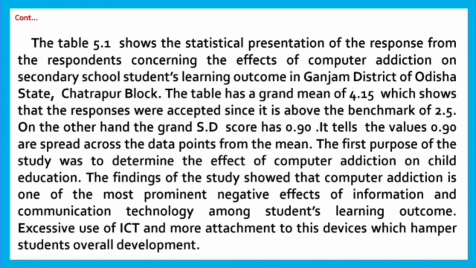The table has a grand mean of 4.15, which shows that the responses were accepted since it is above the benchmark of 2.5. The grand standard deviation score of 0.90 tells how the values are spread across the data points from the mean.